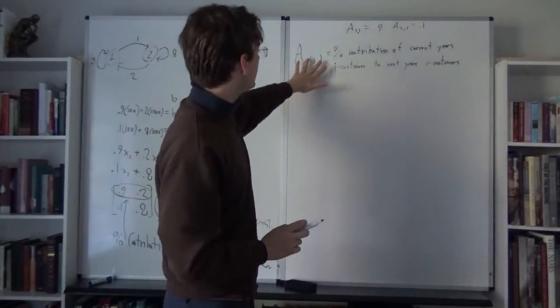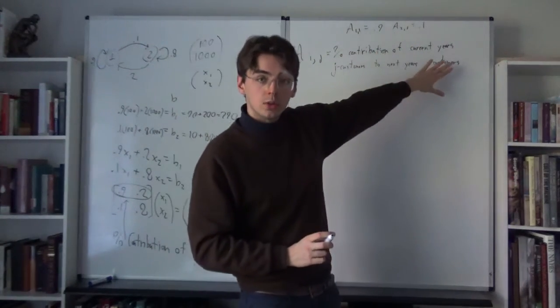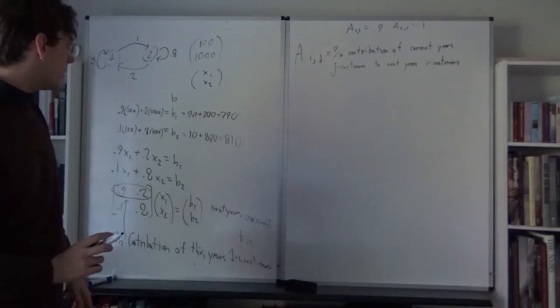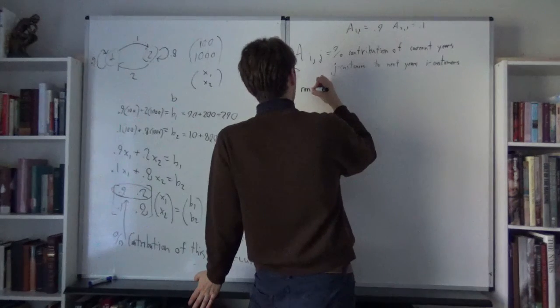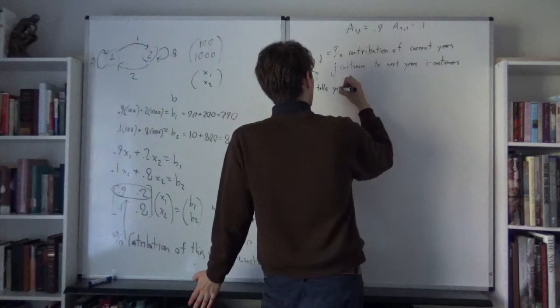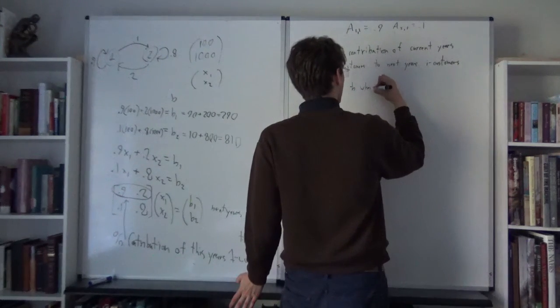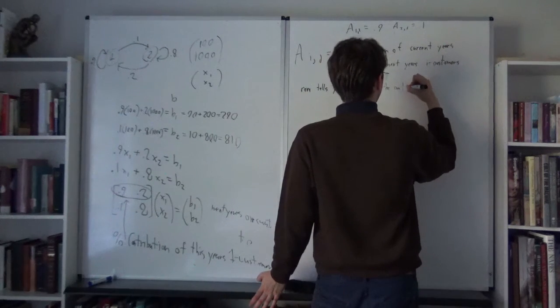If this was 2, 2, it would be percent contribution of current year's 2 customers to next year's 2 customers. Okay? So basically, one way to think of this is row tells you to where the contribution goes.